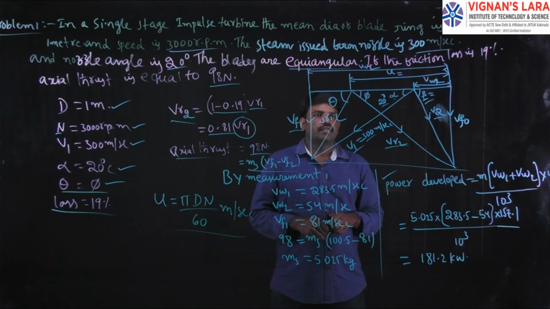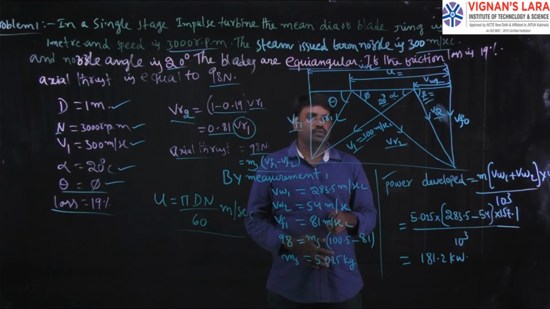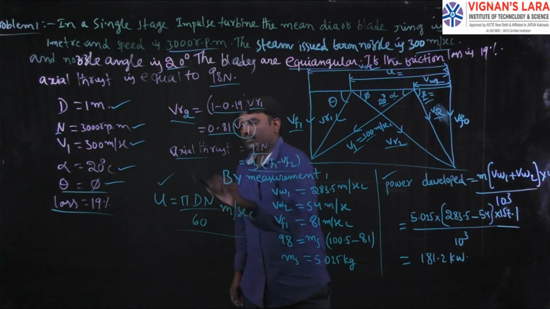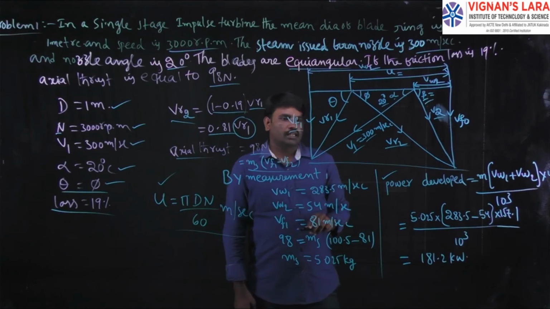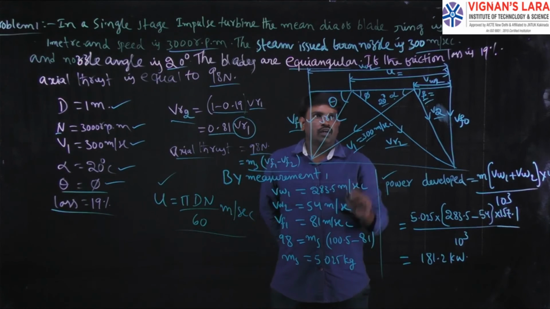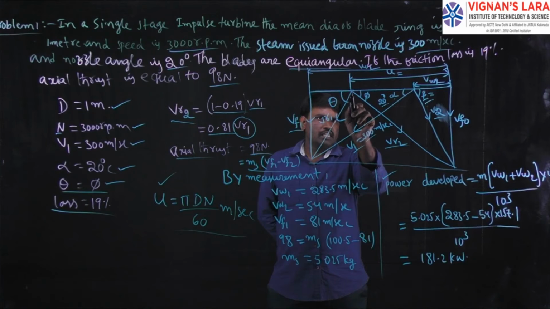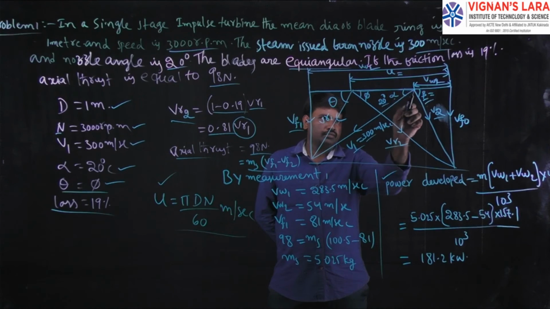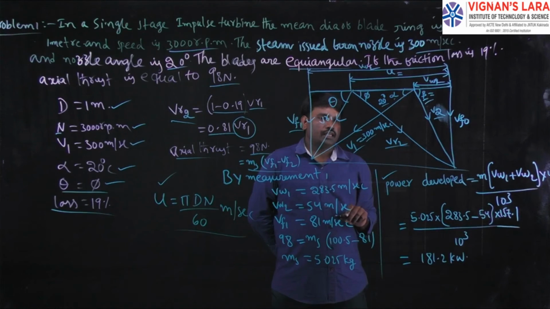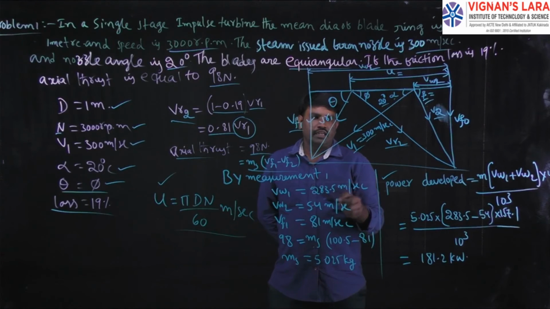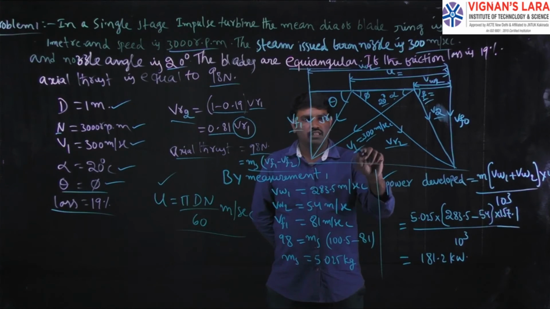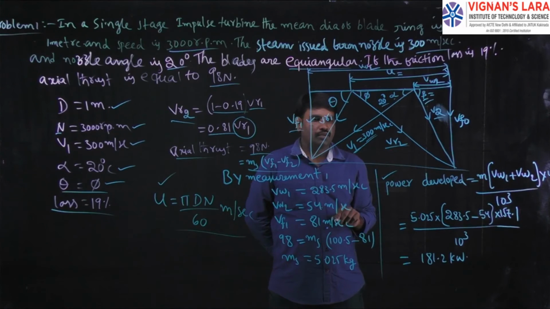By taking a suitable scale, first you have to calculate the blade velocity u. After calculating the blade velocity, with the blade velocity you have to draw the line. After that, the given condition is alpha equal to 20 degrees and velocity is 300 meter per second.